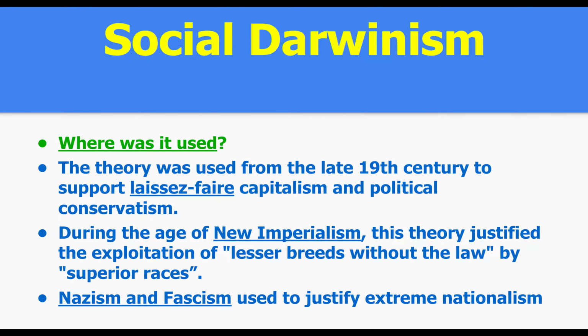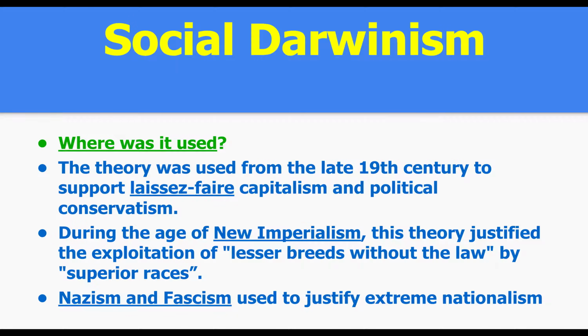So they really opposed government intervention in the economy. That's why you can see here that they supported laissez-faire capitalism, which, like we've learned before, is hands-off. It means the government does not interfere in the economy, and just lets things go and, in this case, evolve according to the quote-unquote natural order.